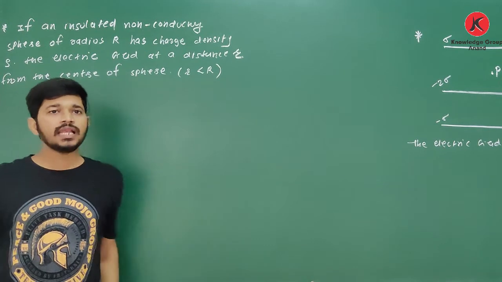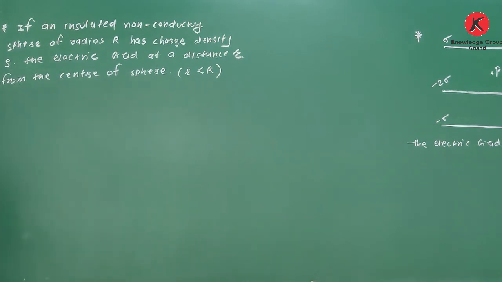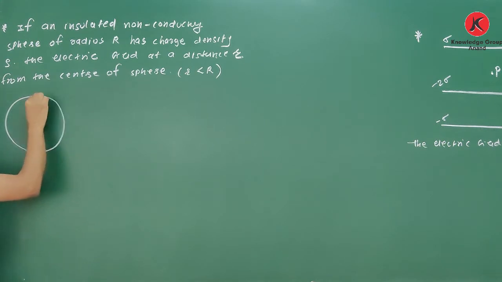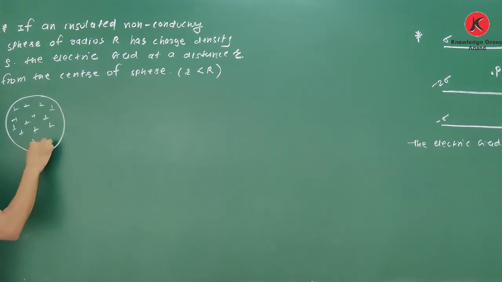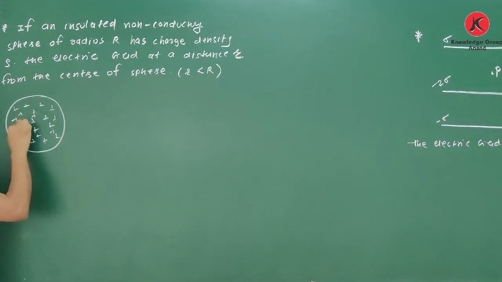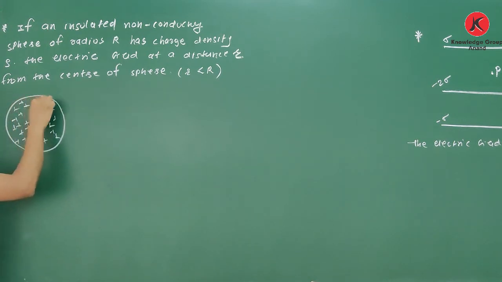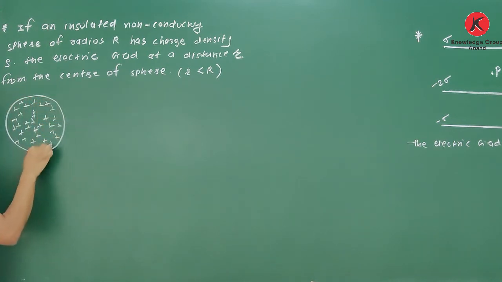Simple. While in a non-conducting sphere, suppose it is positively charged, for example, then charge is inside everywhere, uniformly distributed. Clear? So that is the difference.